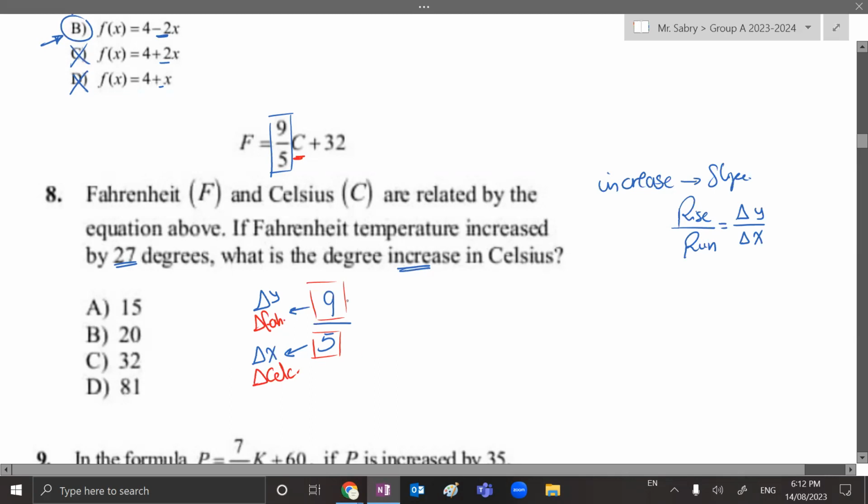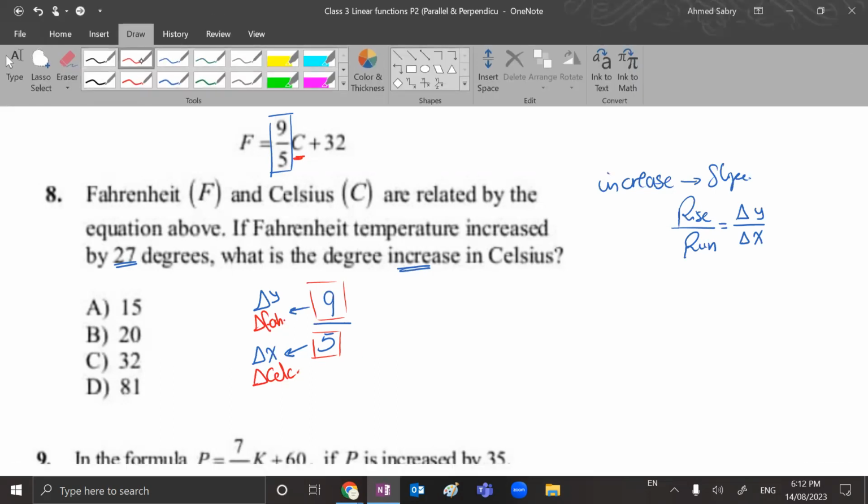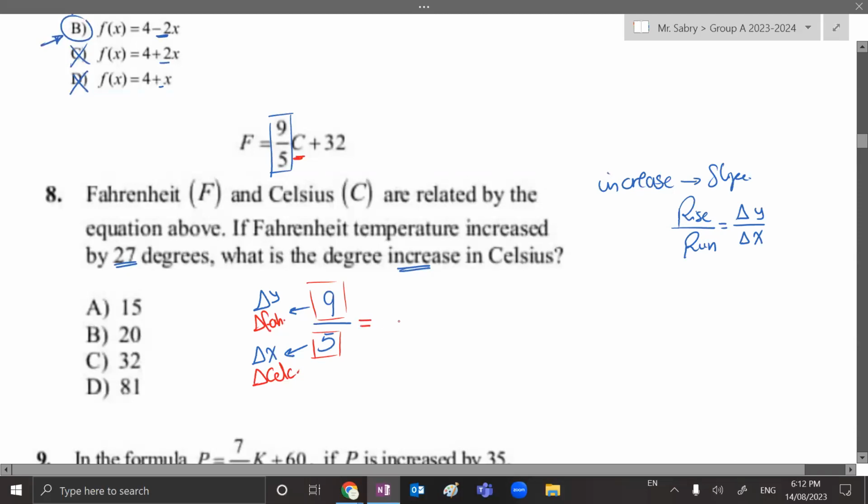So I can use this to get the same increase that they're asking for because they want an increase in the Fahrenheit اللي هي y to become 27، وعايز يعرف التشينج في الإكس اللي هي الـ Celsius هيبقى قد إيه. So I can cross multiply with this change. I can say 27 times 5 and then divide by 9.